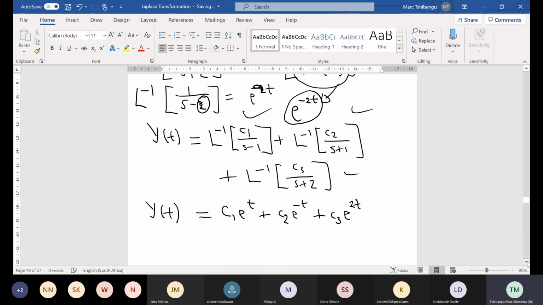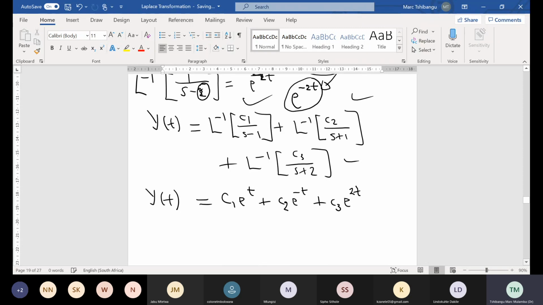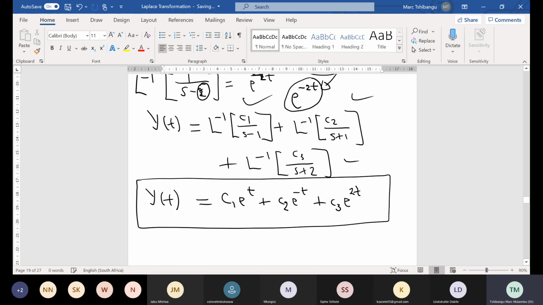So then we have our function in the t domain. But for the system to be fully described, it's very important to find the constants. So now I'm going to show you how to find the constants.